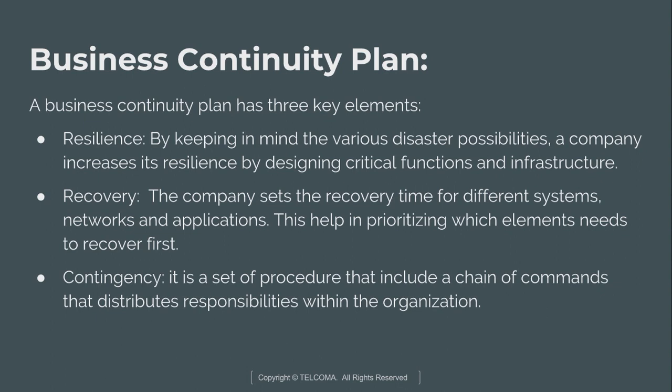It is a set of procedures that includes a chain of command that distributes responsibilities within the organization. These responsibilities include hardware replacement, leasing emergency office spaces, damage assessments, and contacting third-party vendors for assistance. So these are the three key elements of business continuity planning.